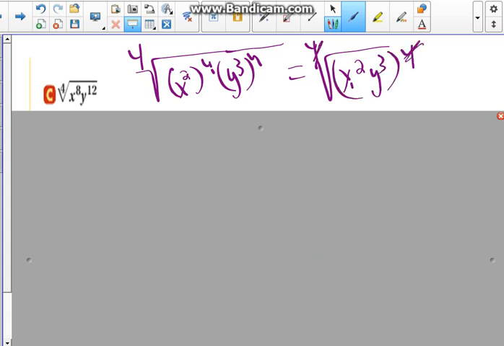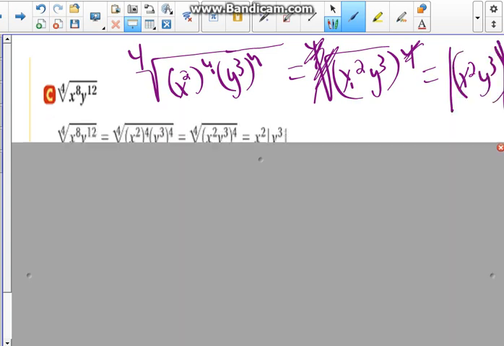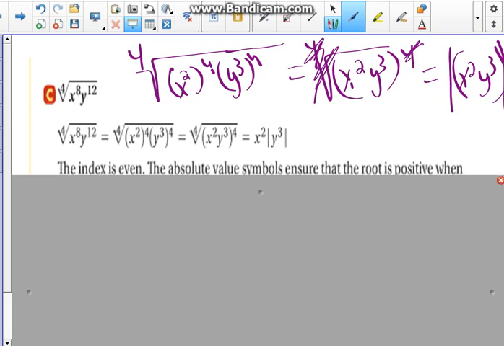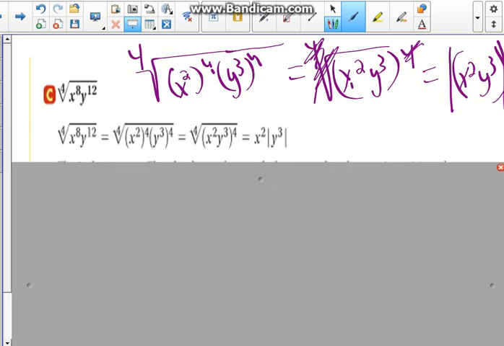Now we can clear them. And let's see, it's even, so it's going to be an absolute value of x squared y cubed. Oh, excuse me. The y cubed stays absolute value because it's odd.